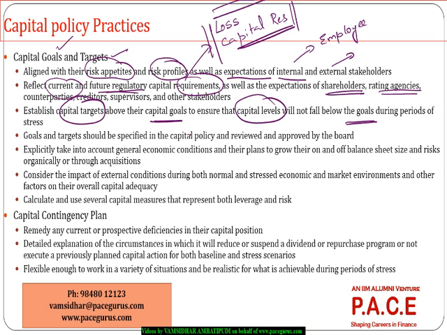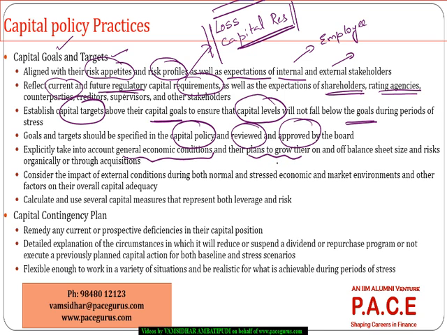And whatever the goals and targets the company is setting, it has to be very clearly specified as a part of the capital policy. They have to be reviewed at regular intervals of time, and that has to be approved by the board also. And these numbers, they can't be universal for all the periods. Again, they have to be based on the general economic conditions, macroeconomic environment, based on the plans of the company, right?